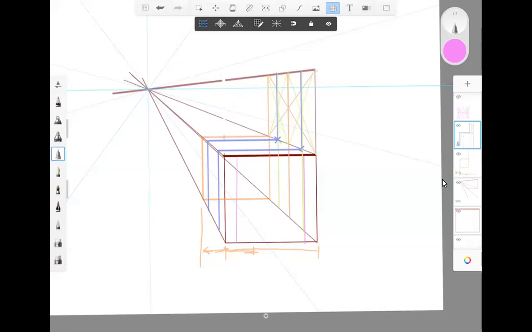So grab a new layer, orthogonal, orthogonal. That's going to give us this horizontal line here.